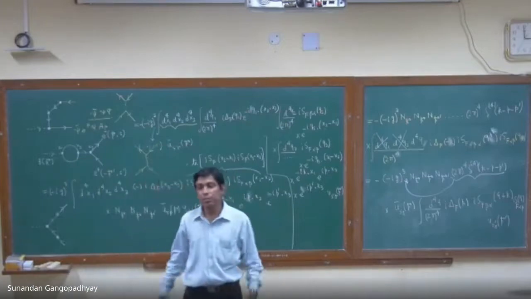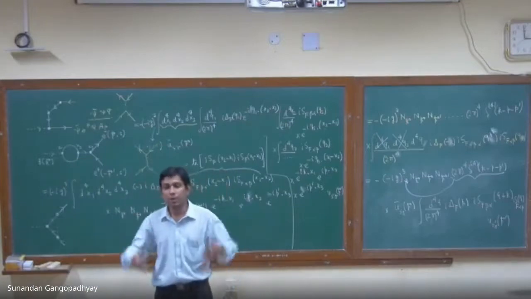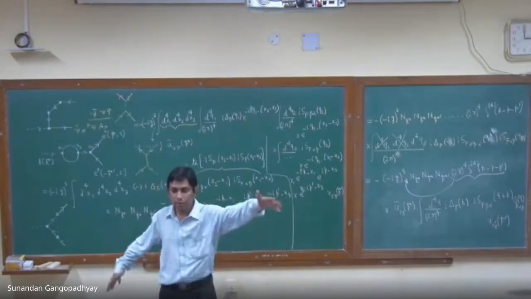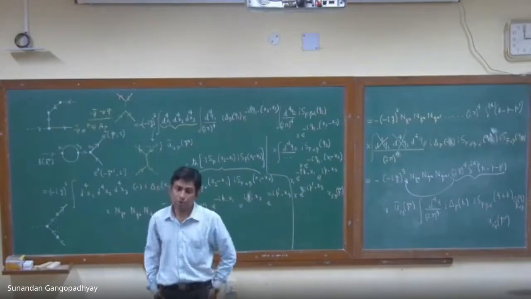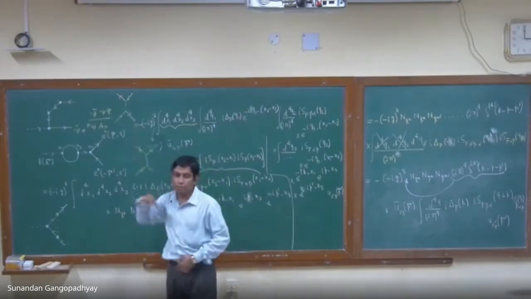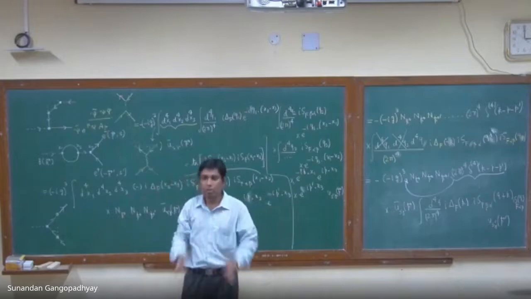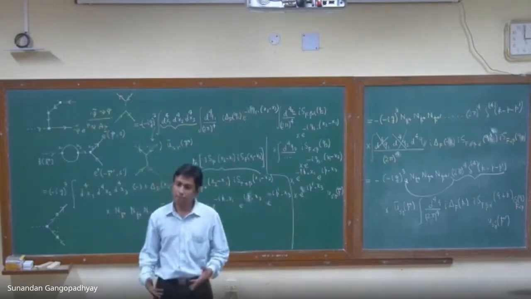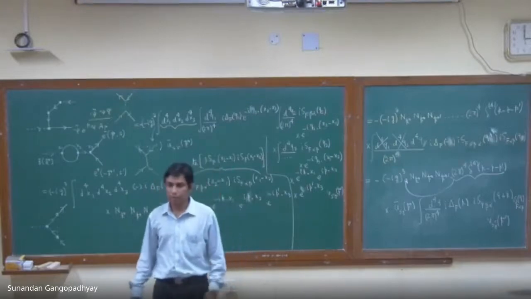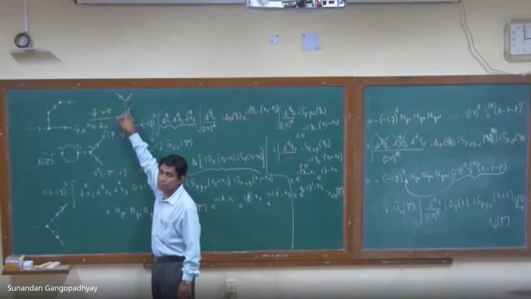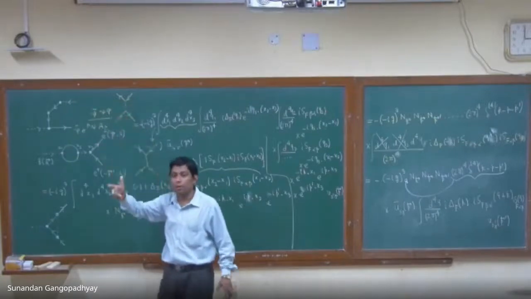Massless photon means it is only a 1 by r potential, long range. They are talking to each other at long distances. Whenever the exchange is taking place through a massive particle, then it becomes a short range kind of thing: 1 by r times the damping factor. That is precisely the Yukawa. So here the exchange is due to a massive particle. If you take this to be a massless one, then again it will not be Yukawa.